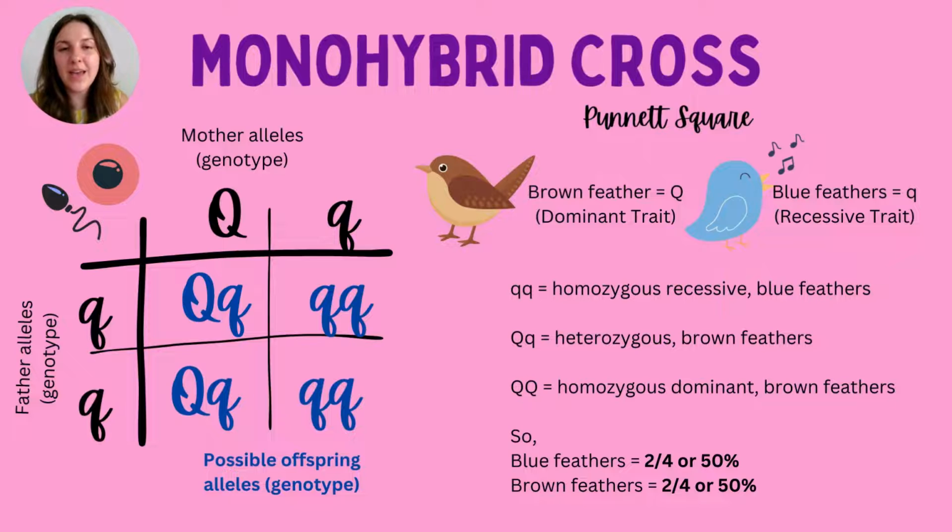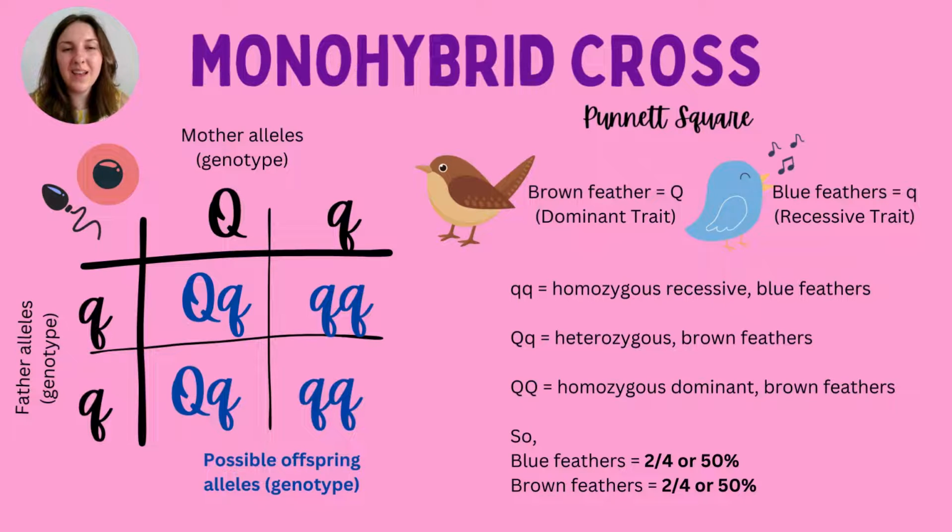As you can see, we have filled in the Punnett square. This is the sort of thing they could ask you. They'll give you some information and they'll ask you to fill in the Punnett square and then interpret it. So this is the Punnett square that I've done. If I was to do this in the exam, I'd write in each of those alleles for each of the individuals. There's 4 potential offspring.